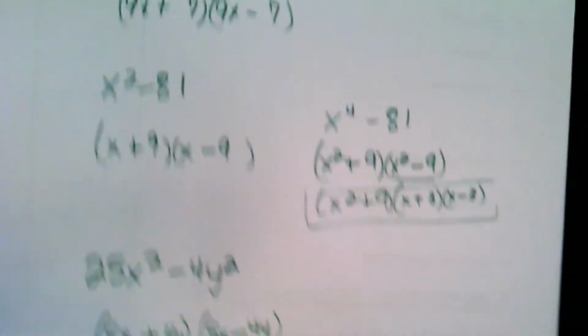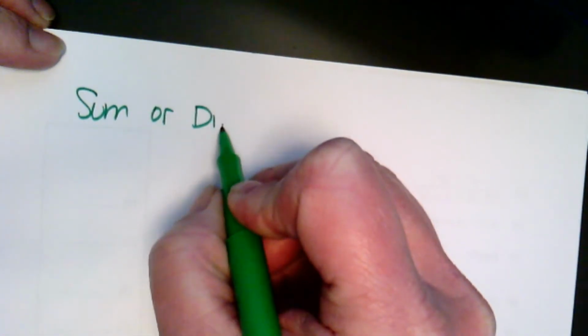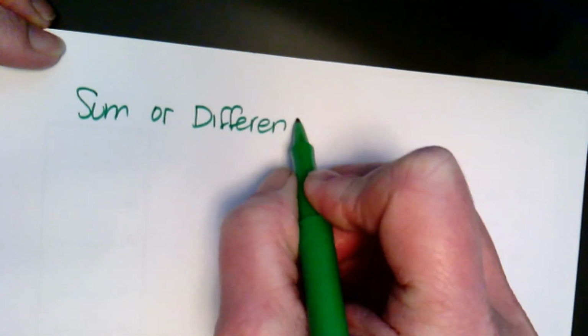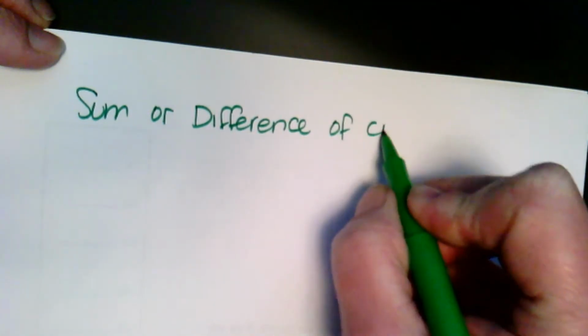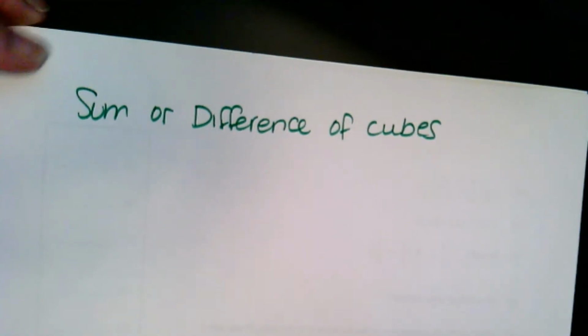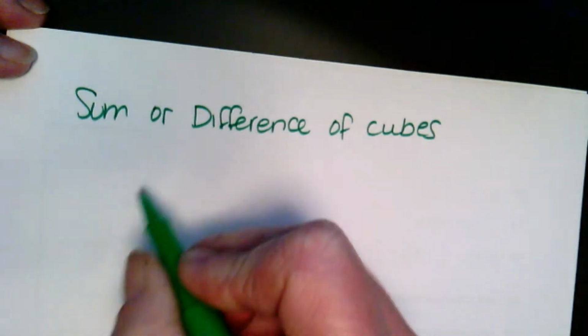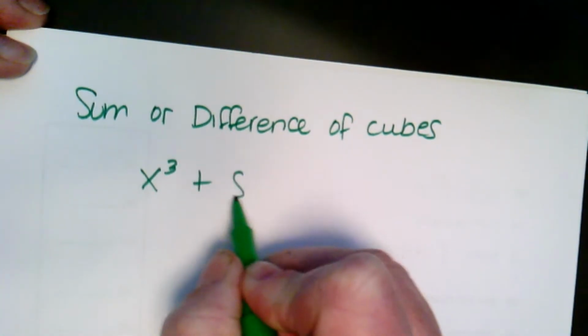Alright, we also have another special form, and it's called the sum and difference of cubes. This would be one example.